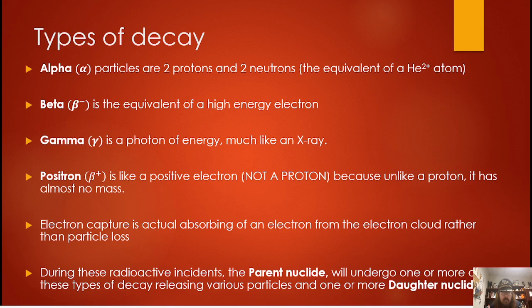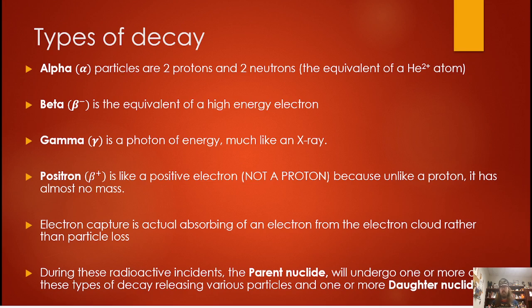Now, you've probably heard of the first 3 types of radioactive decay, but we'll introduce a few others. But the simplest one is alpha decay. Alpha decay shoots out an alpha particle, which is essentially 2 protons and 2 neutrons. It has a charge of 2 plus, a mass of 4 AMU. It's essentially like a helium 2 plus ion.